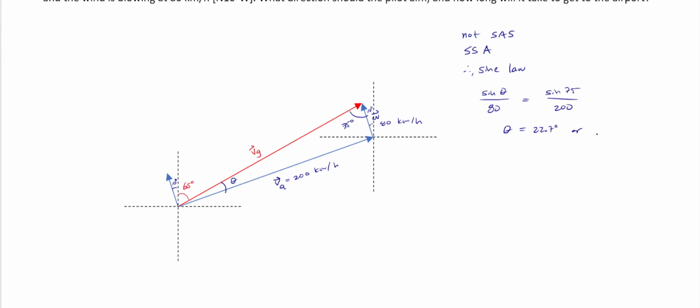or 157.3 degrees. So theta, remember, could have two possible values. I look at the diagram right here, it can only be 22.7 degrees. So I'll have to take a look and let's figure out what the direction the pilot should aim is.